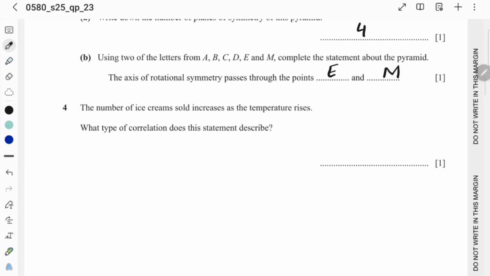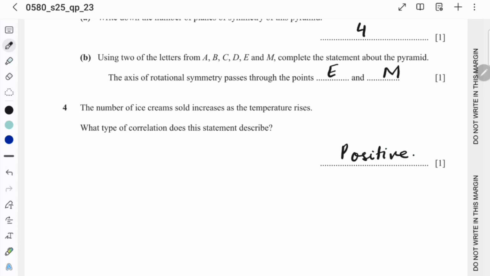Now question number 4: the number of ice creams sold increases as the temperature increases. What type of correlation does the statement describe? Both things are increasing. If one thing is increasing and the other is decreasing, then it's negative. Here both are increasing, so it's a positive correlation.